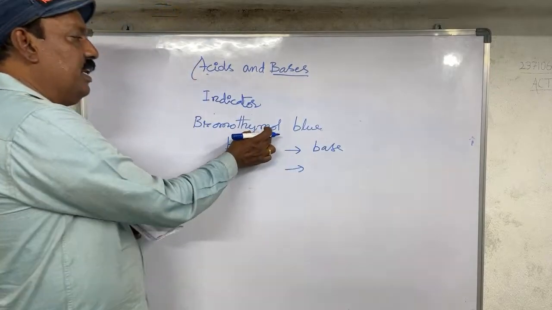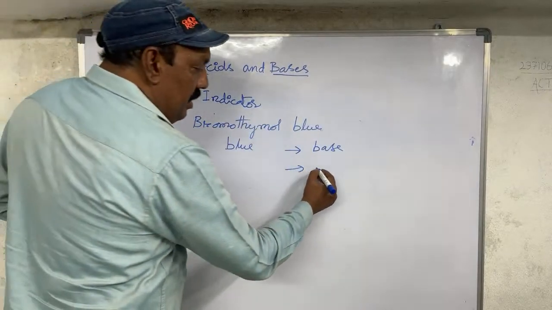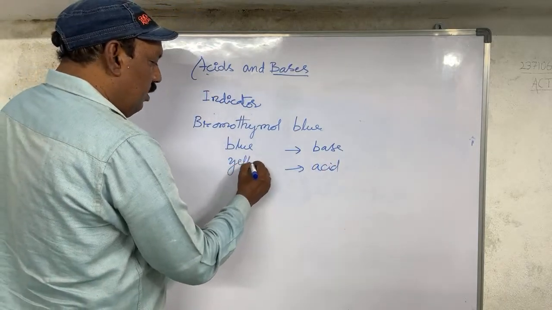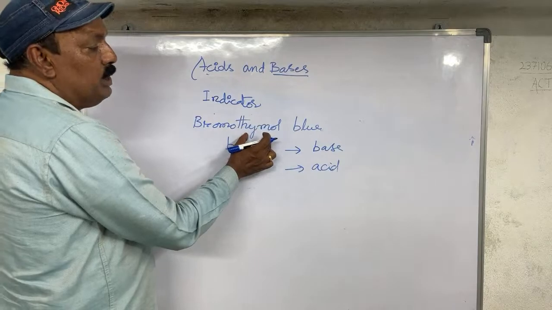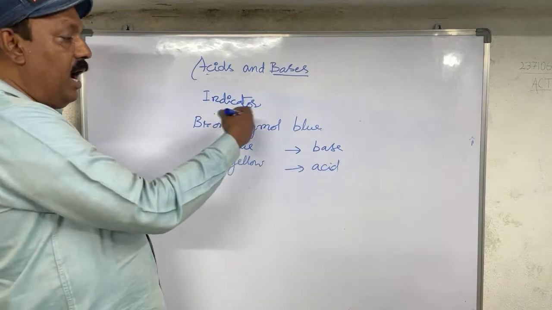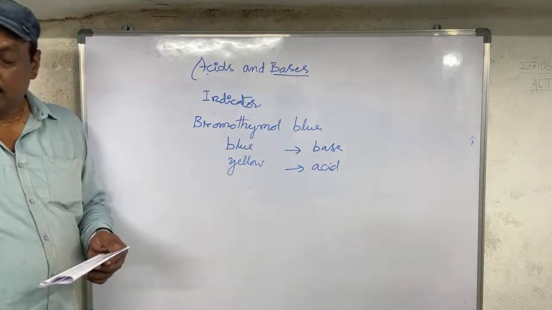Whenever we add this indicator to the acid, you will get yellow color. So with the help of the bromothymol blue, you add to the acid, you will get yellow color. You add to the base, you will get blue color.